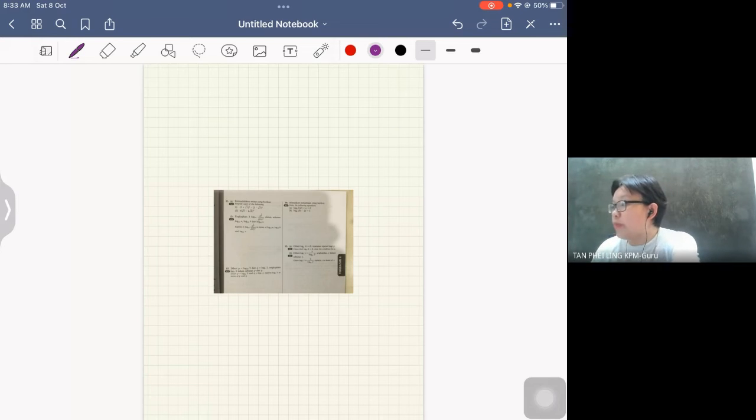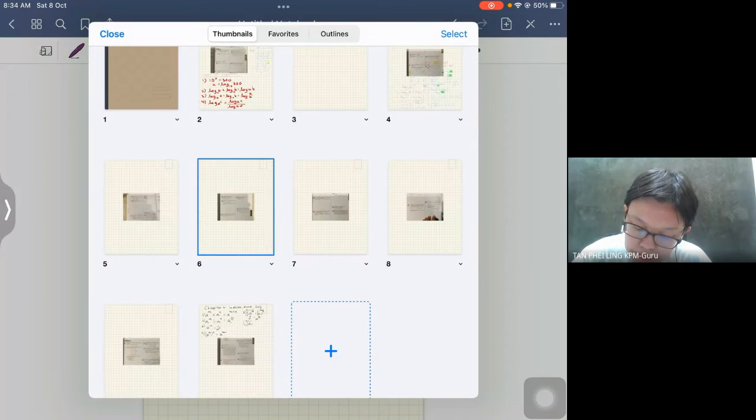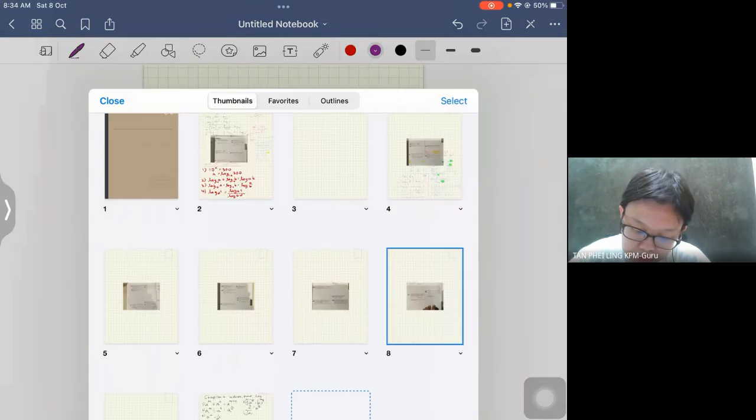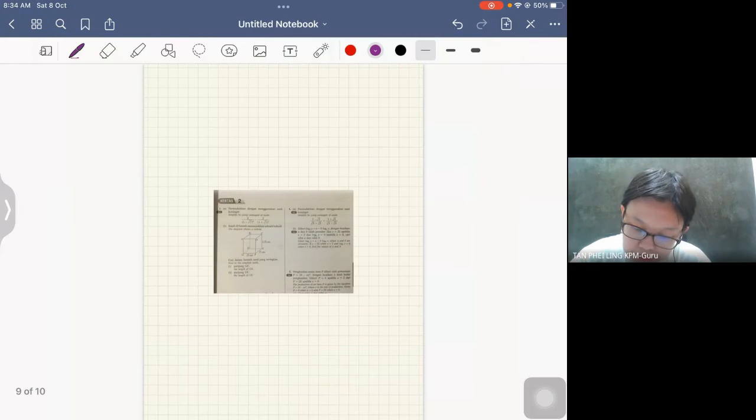Okay, we will solve paper 2, question 6 first. Paper 2, question 6. This one has question 5, last page. Yeah, this one.